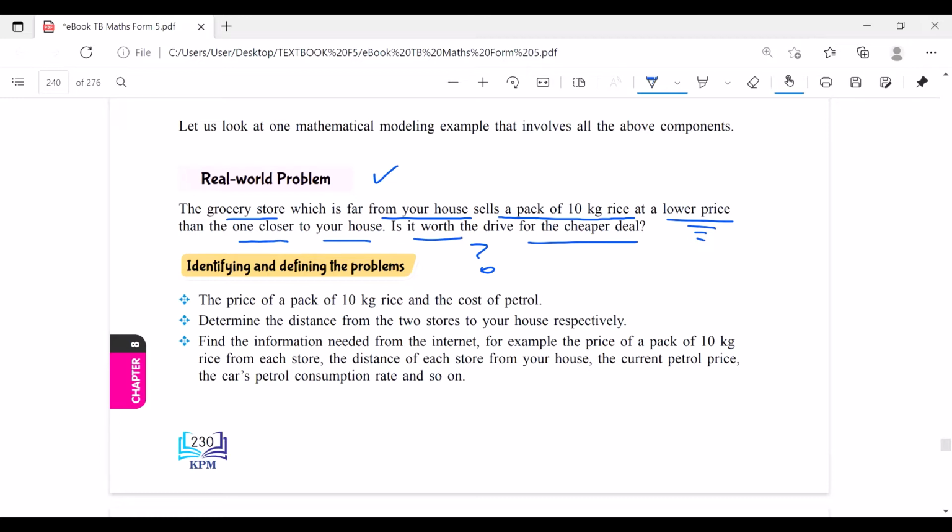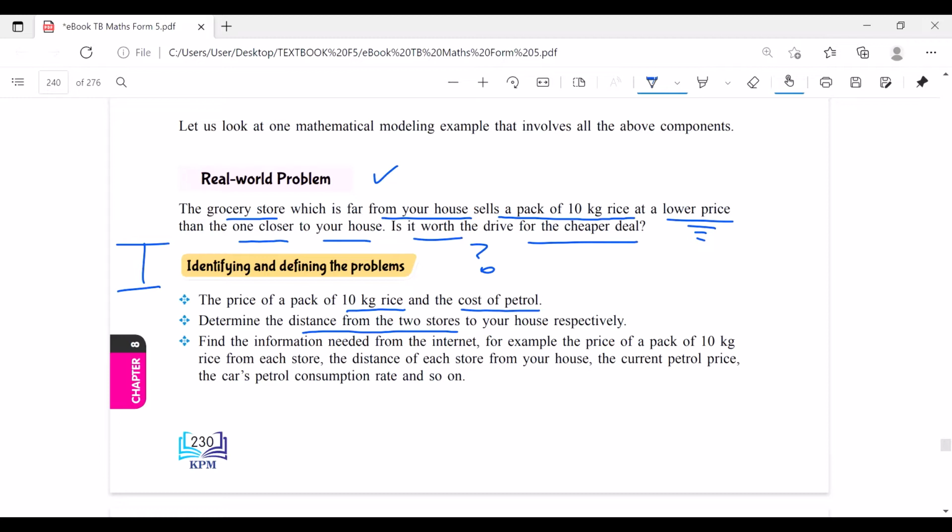So you have to identify, the big I, identify and define the problem. You must know the price of a pack of 10 kg rice and the cost of petrol because you use your car to reach the stores. And then you have to determine the distance from the two stores to your house.